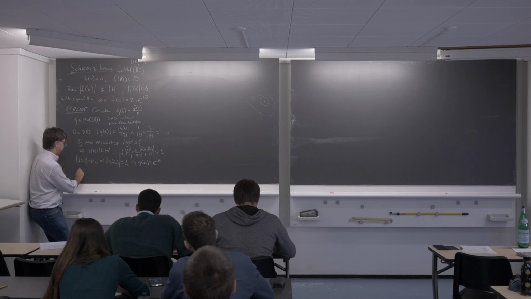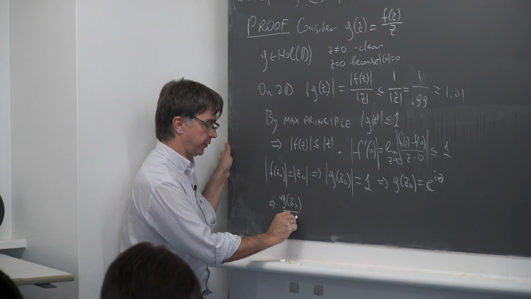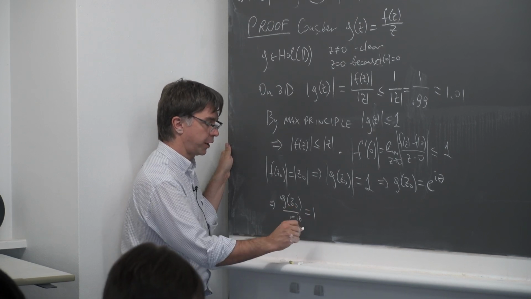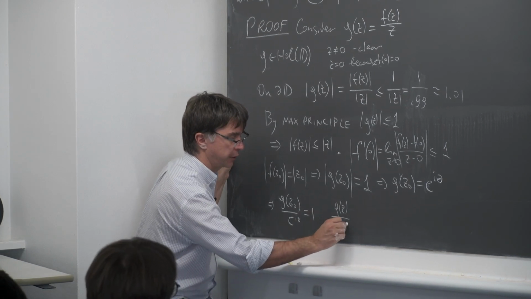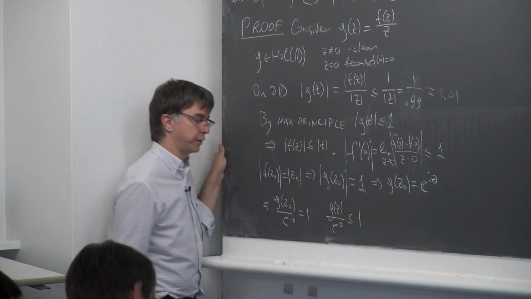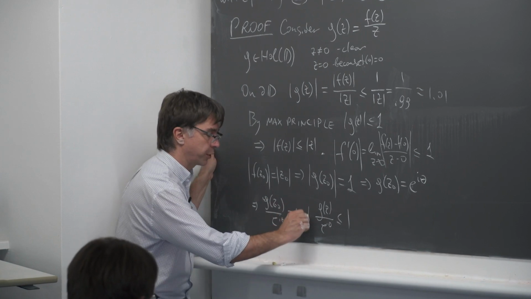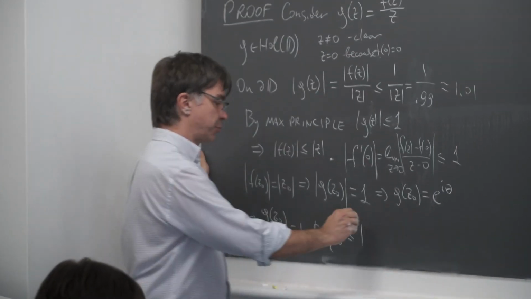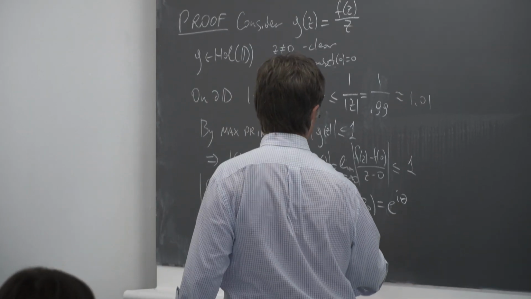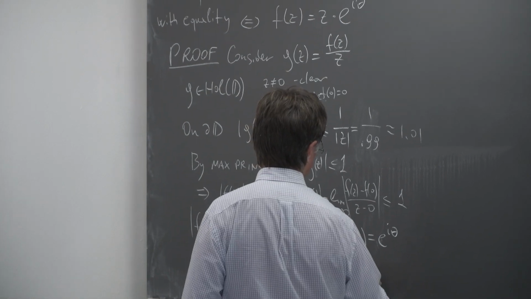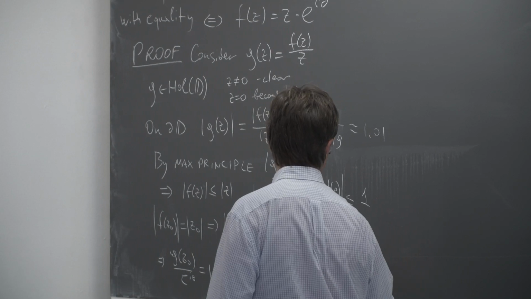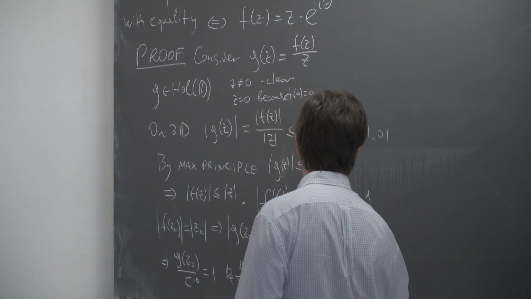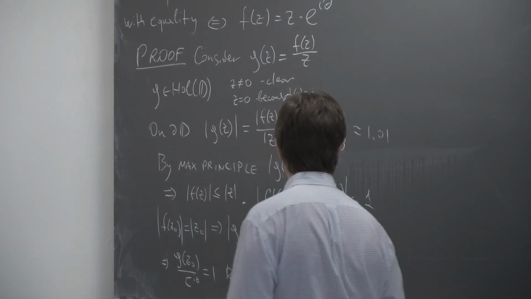Then it means that g(z0) over e^{i theta} is equal to 1. But you always know that g(z) over e^{i theta} is no more than 1, or its real part is no more than 1, for example. So by the maximum principle, you get that g(z) over e^{i theta} is identically equal to 1.